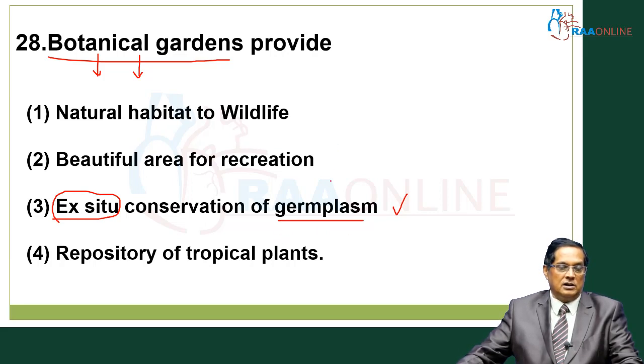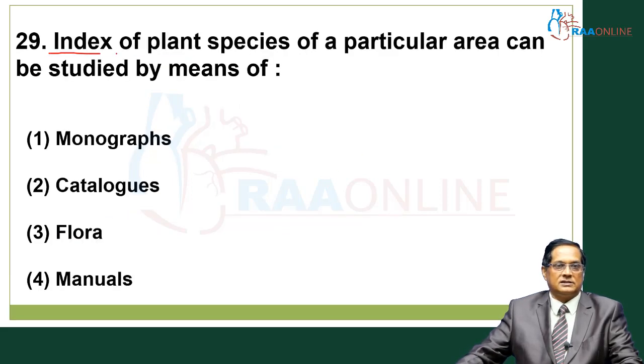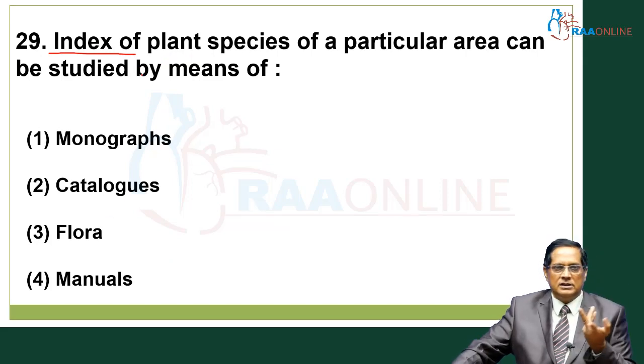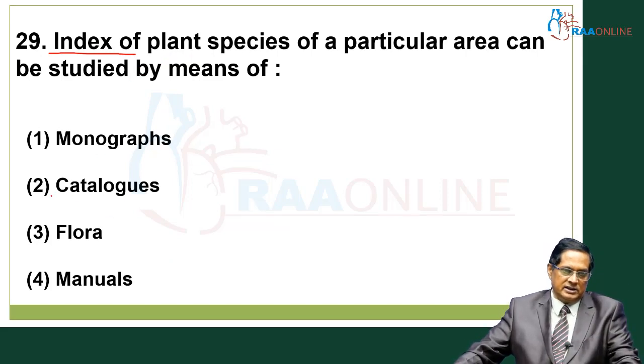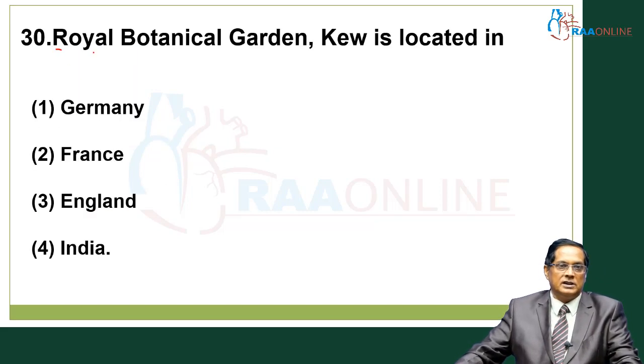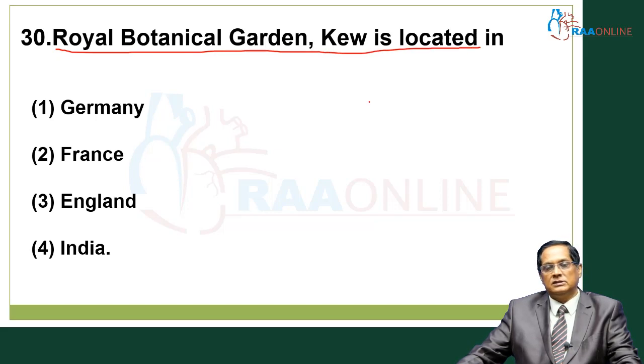The entire plant or its part is saved and preserved for the future. Index, that is just making a list only. Cataloging is sufficient.